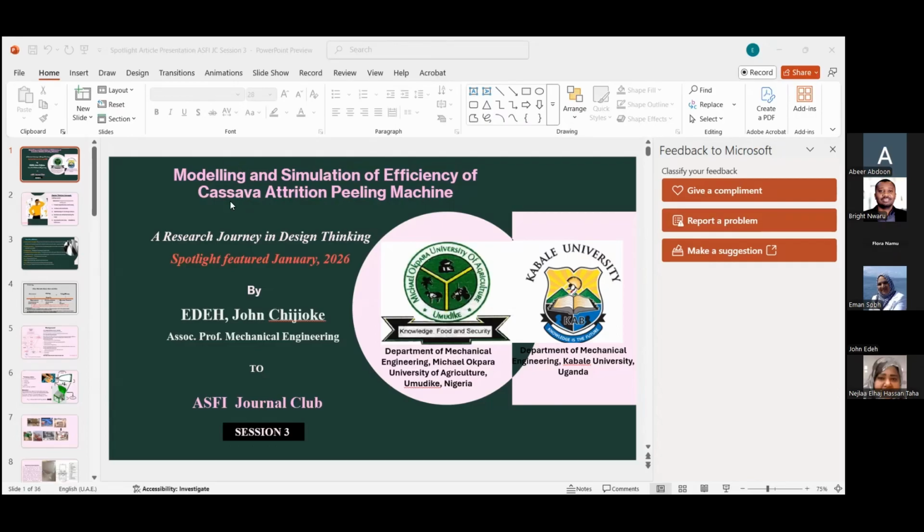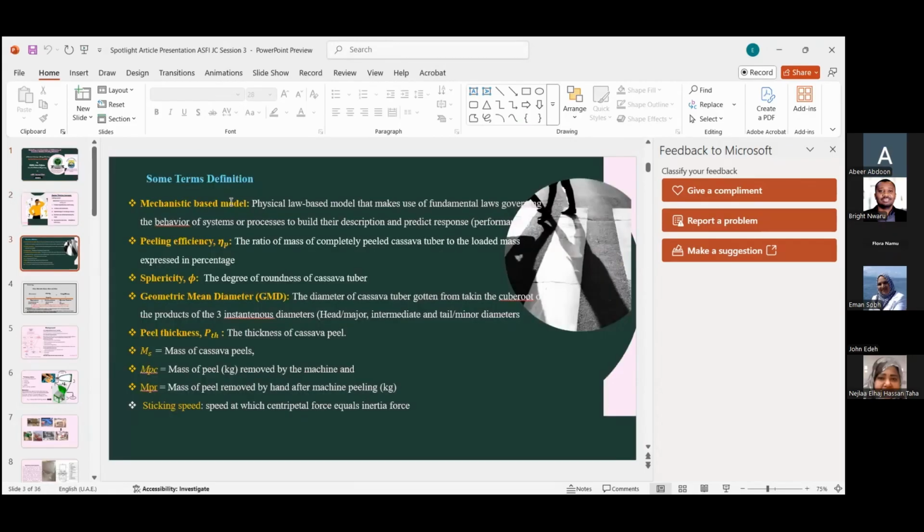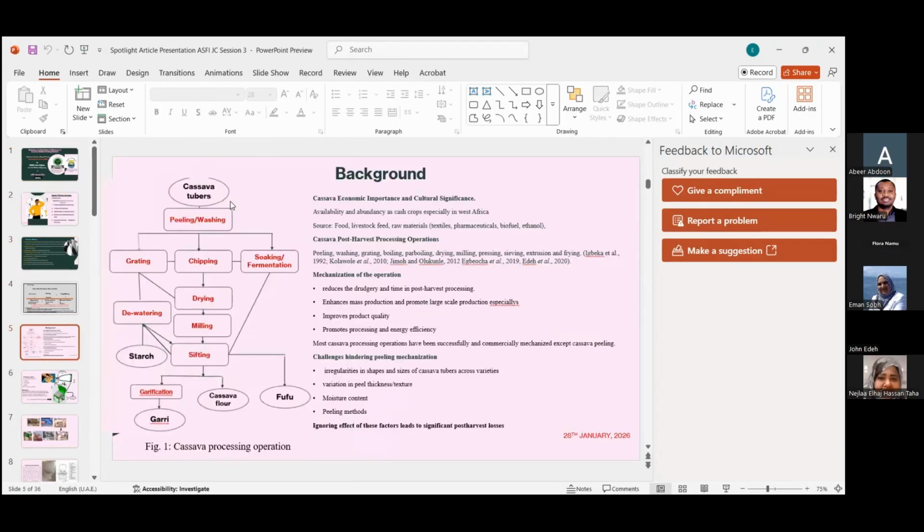No. Okay. Because if you look at this flow chart by my left, you discover that for starch production, you have to grate and add water. You allow the suspension to settle, and you get your starch.